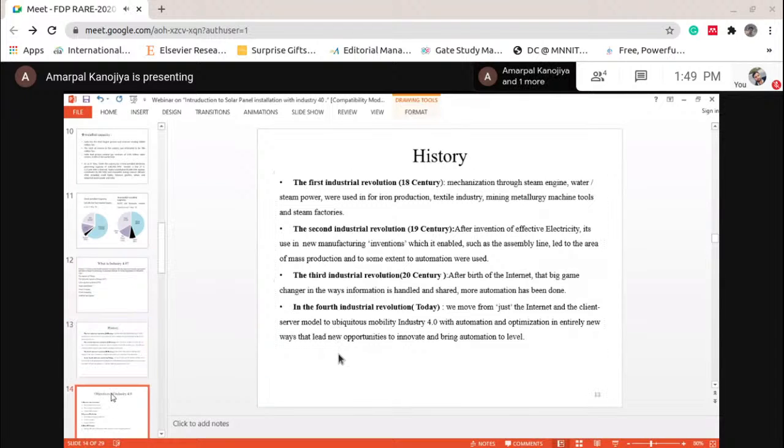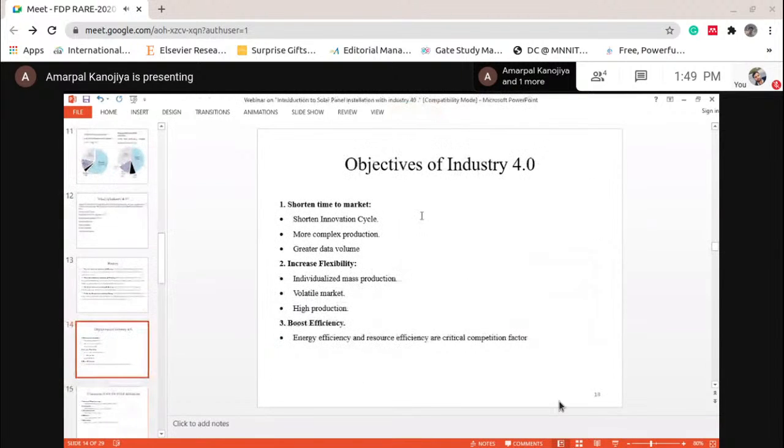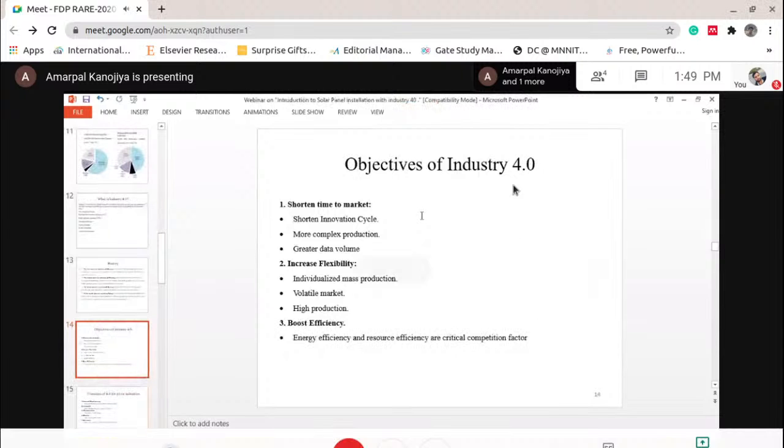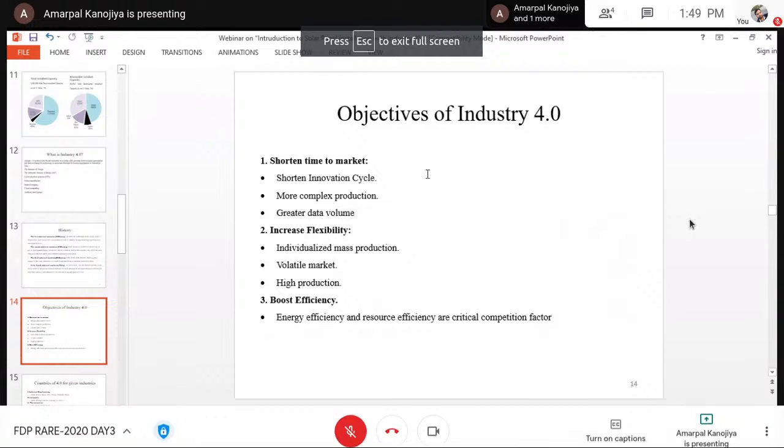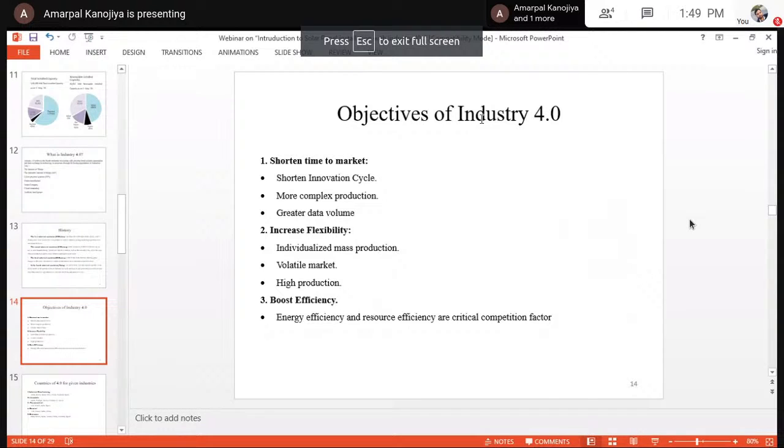Now, the objective of Industry 4.0 is achieving shortened time to market, increased feasibility, and boosted efficiency.